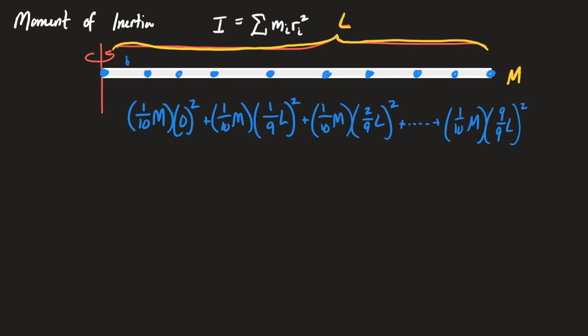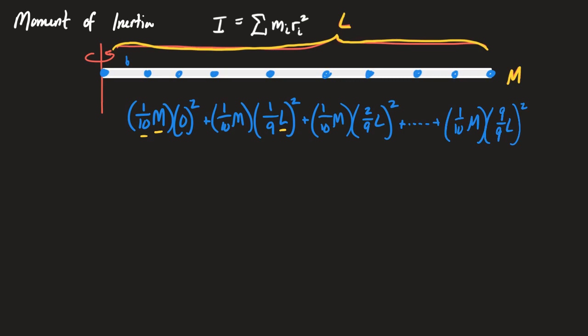Now, the first thing I would encourage you to recognize is that every term has an m in it. Every term has a 1/10 in it. And every term has an L in it, even the first term, because 0 times that L is still 0.